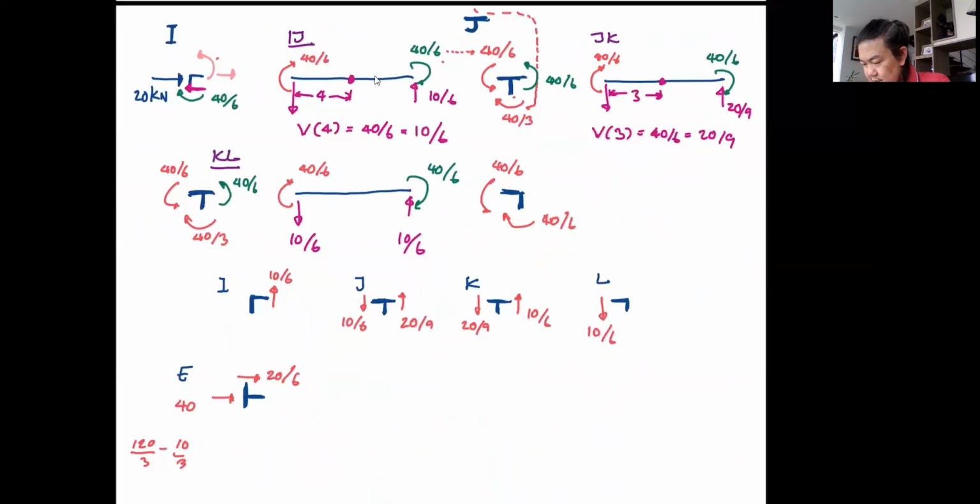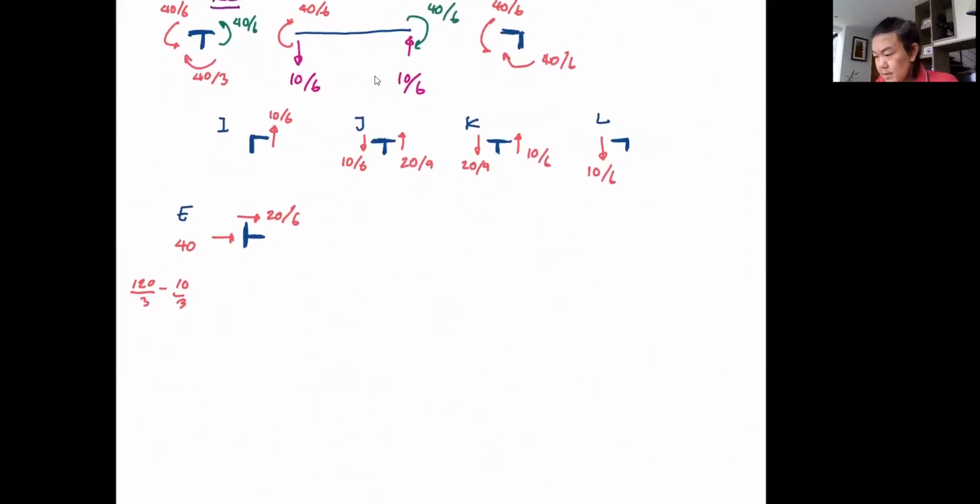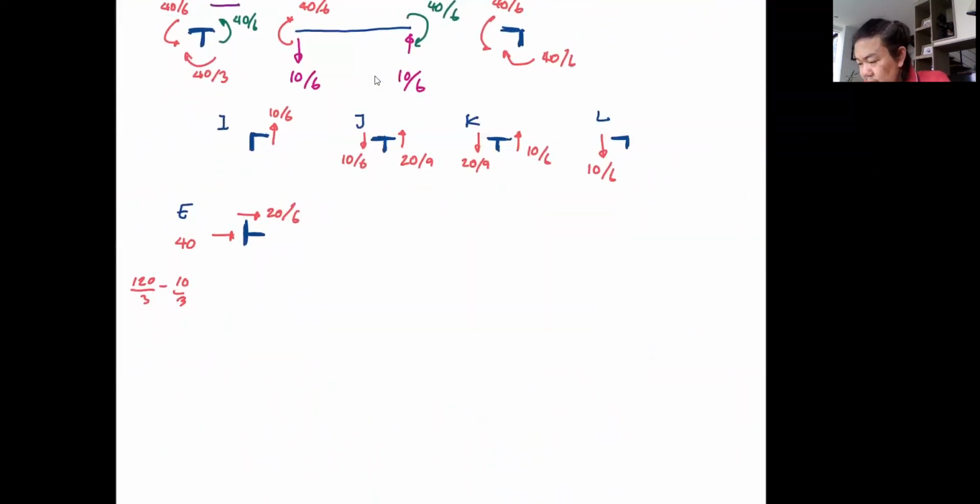So from here, we should draw the free body diagram of the column as well, correct? And we have the hinge, don't forget that. And we have the base shear, so we know that this is 10 already.